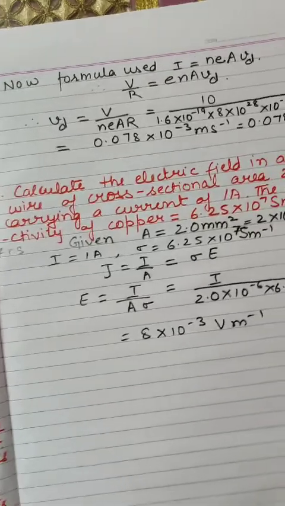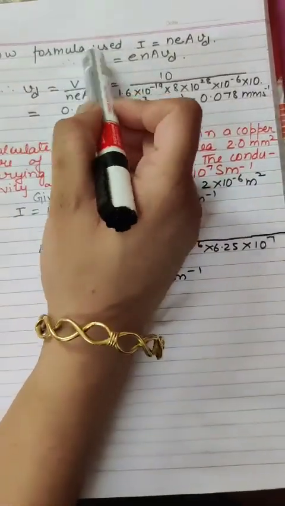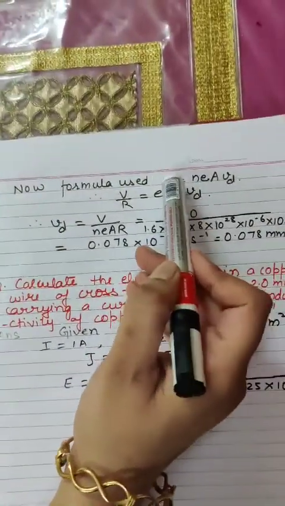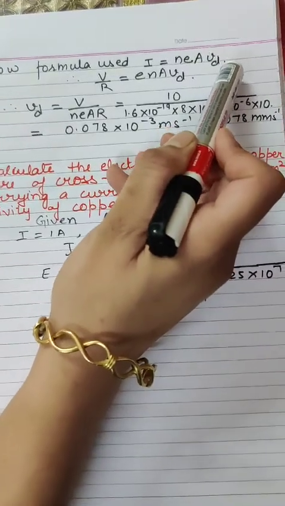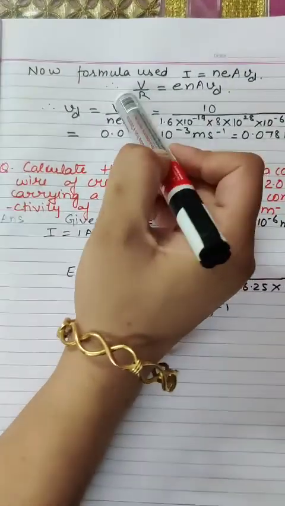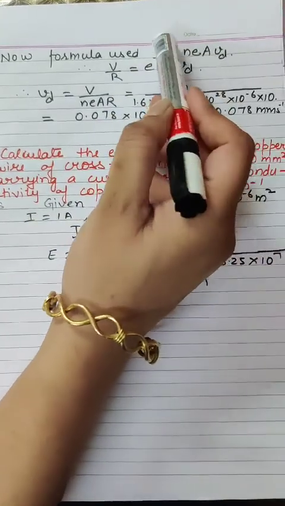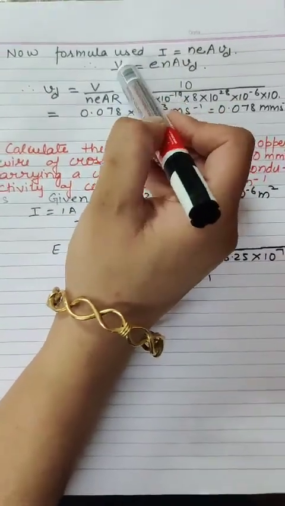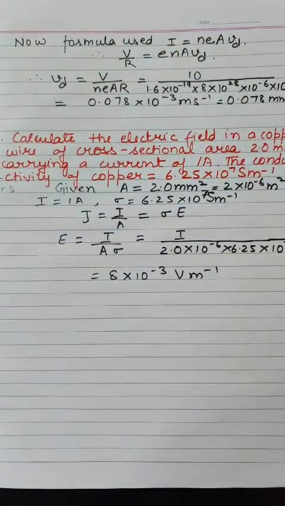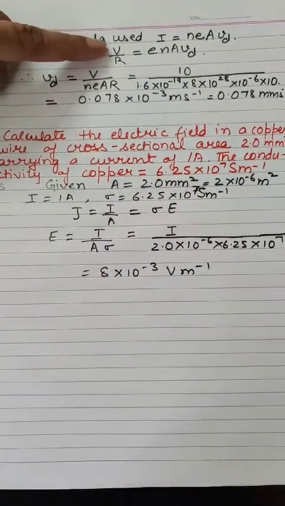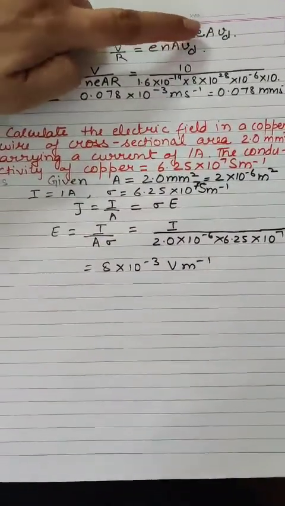So we should know what formula we have to use. So write down the formula used, that is I is equal to neAvd. And we know that I from Ohm's law is equal to V by R. We don't have the value of I, we have the value of V and R. So we have to apply Ohm's law, and we will get V by R is equal to neAvd.